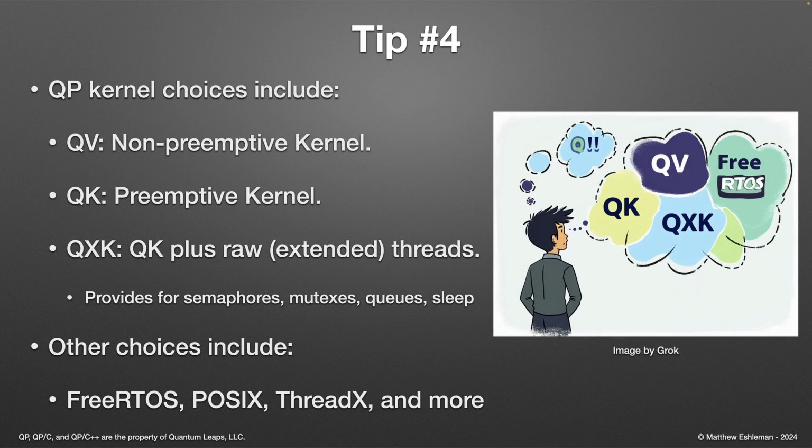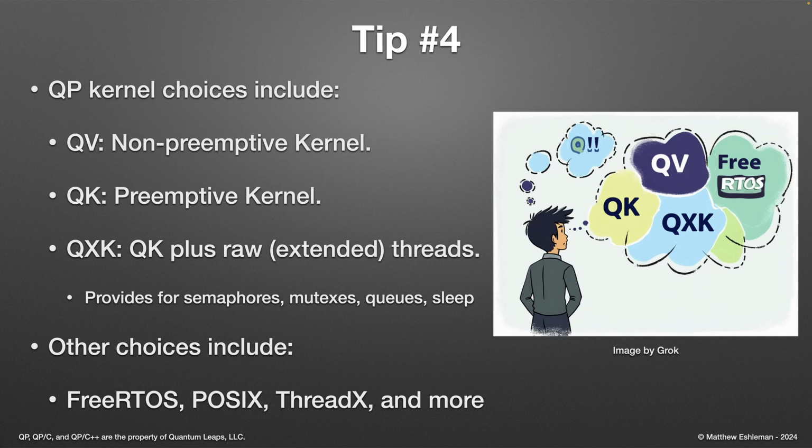Then the kernel takes over and takes a look around, and if there's a higher priority active object that has an event waiting for it, then it gets the CPU, et cetera. So it's a non-preemptive kernel, and that is going to be the easiest kernel to understand from a real-time analysis point of view. Then we have QK.